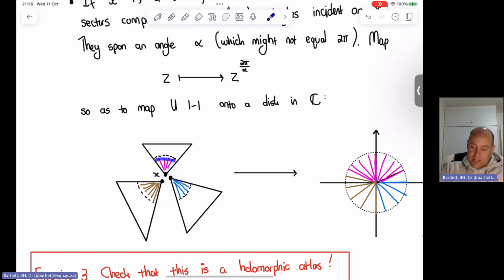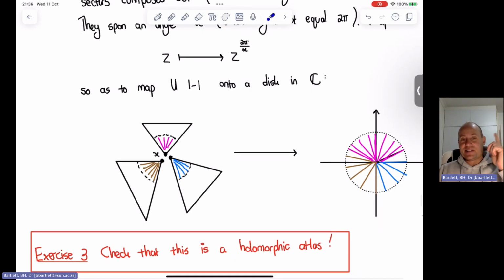Okay, so this little pink section got stretched out into that pink section there. And that gives me a chart near X. And then, yeah, exercise: check that this is a holomorphic atlas for the triangulated space. Very nice construction.